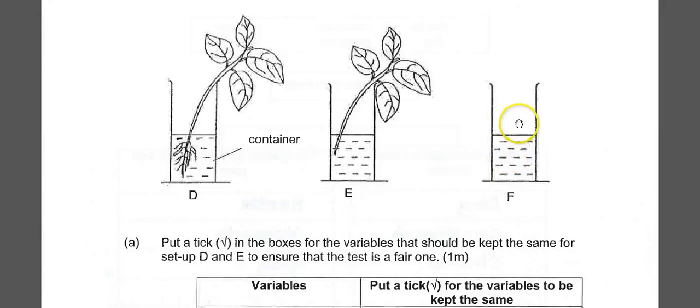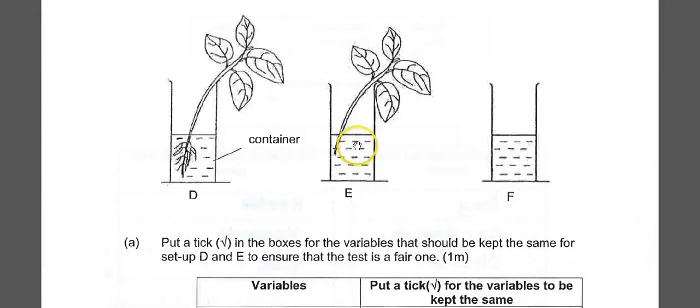It means after maybe a few hours or a day, this water level here would fall a little because of evaporation, and this will fall at the same time. Now, it is good because if there is no F and E is just there, and the water level goes down a little, right?